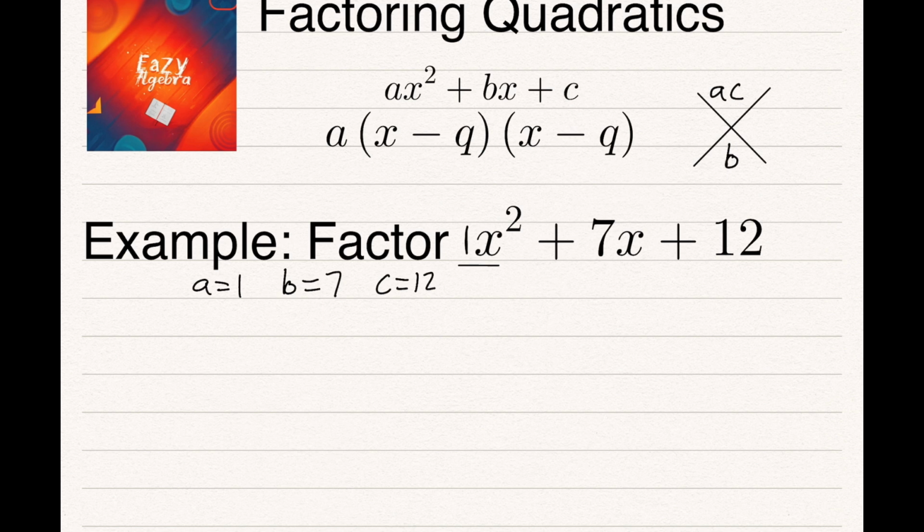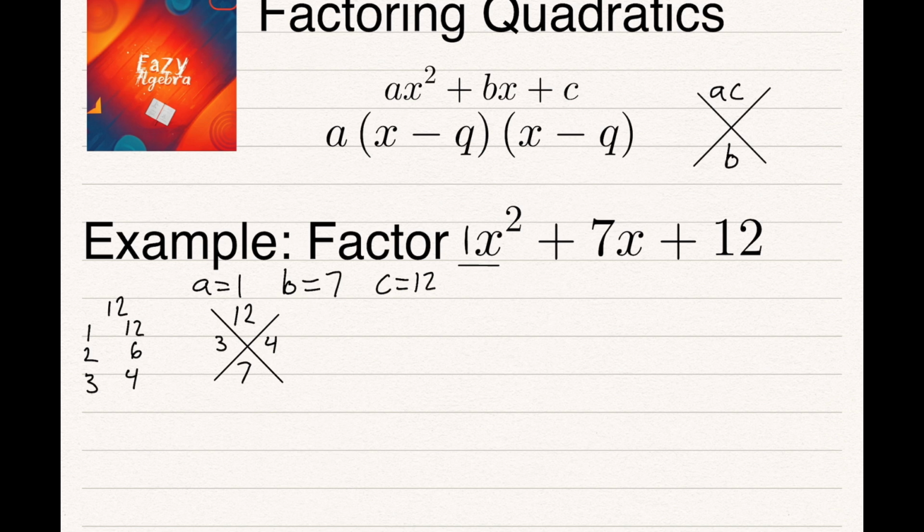With these values, when we do our setup, we want something that will multiply to give us 1 times 12, which is 12, and add to give us 7. So we think about things that multiply to give us 12: 1 and 12, 2 and 6, or 3 and 4. Of those, the only two we could add to get 7 are 3 and 4.